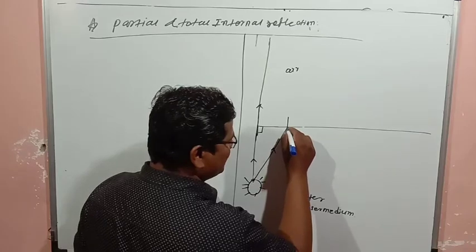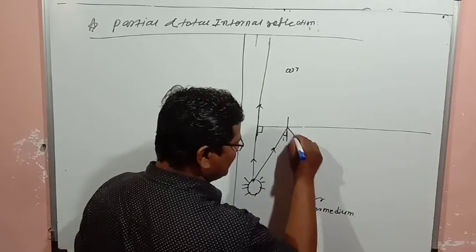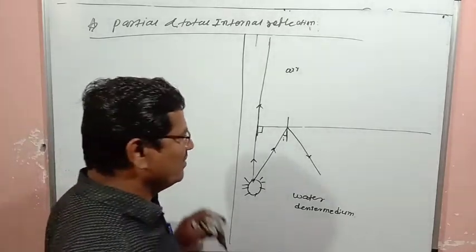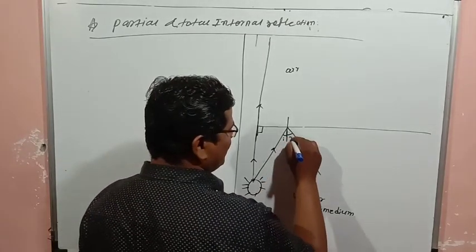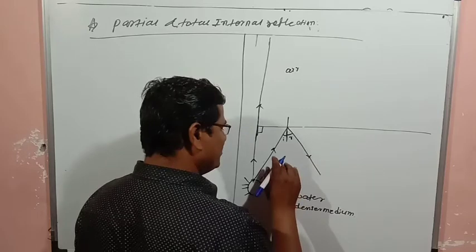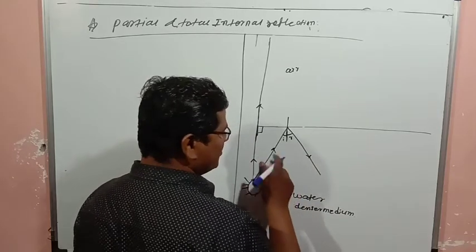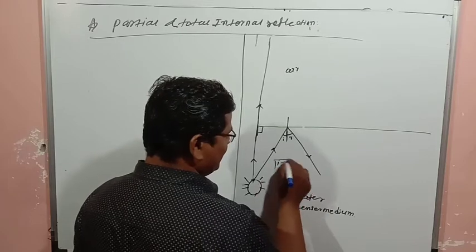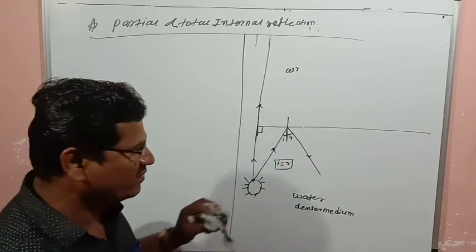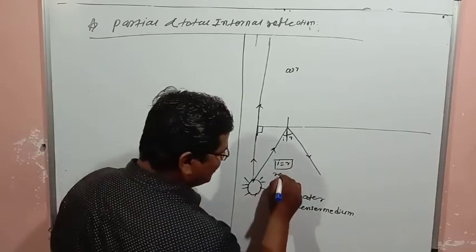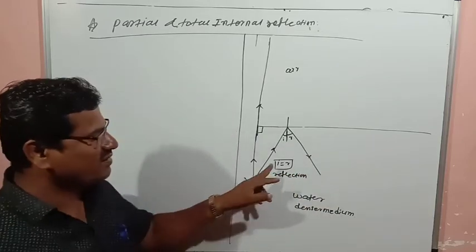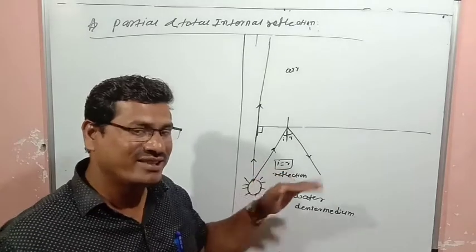Some part of light is getting reflected back, and in case of the reflection, angle I is equal to angle R. This one we have studied. Angle of incidence is equal to angle of reflection.